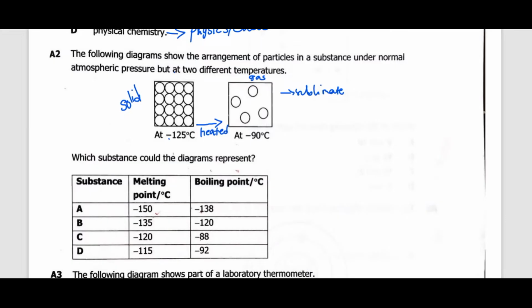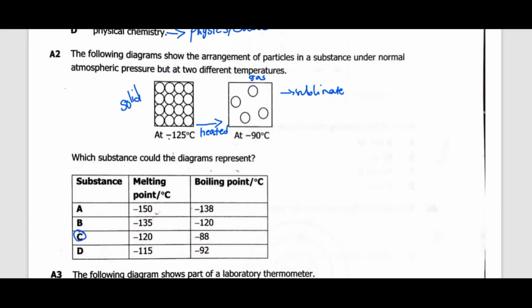The first one, A, has melting point negative 150, boiling point negative 138. Then B, melting point negative 135, boiling point negative 120. C, melting point negative 120, then boiling point negative 88. So our answer is C here.